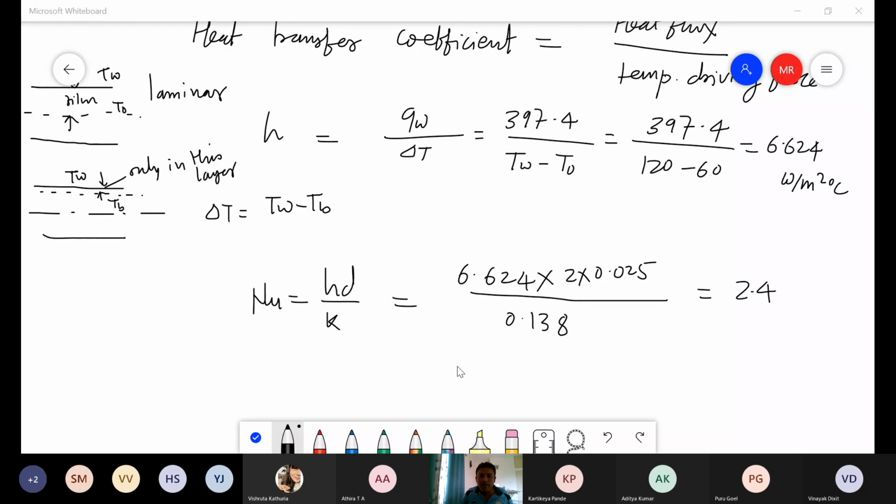So the next problem, again I am copying the problem statement directly here.